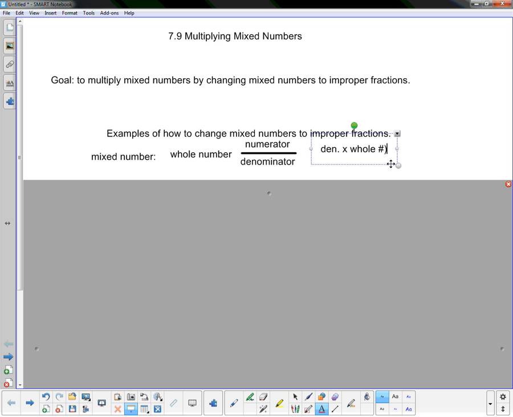You do that first, so I'm going to put that in parentheses. And then, after you have the denominator times the whole number, you add the numerator.